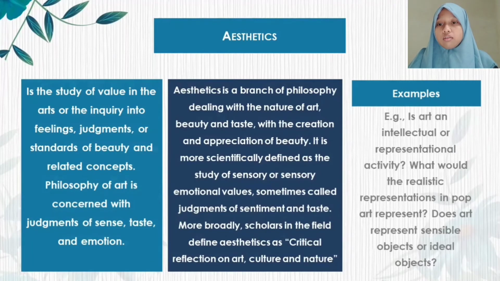Philosophy of art is concerned with judgment of sense, taste, and emotion. For example, is art an intellectual or representational activity? What would the realistic representation in pop art represent? Does art represent sensible objects or ideal objects?